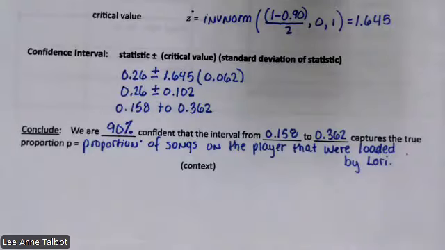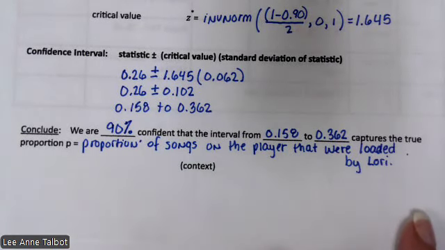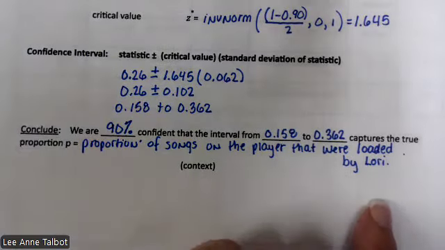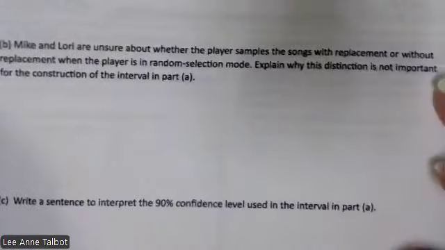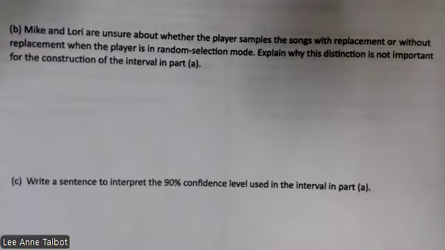Okay, flip when you're ready. Mike and Laurie are unsure about whether the player samples the songs with replacement or without replacement when the player is in random selection mode.